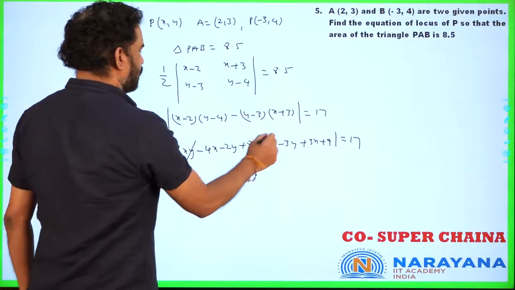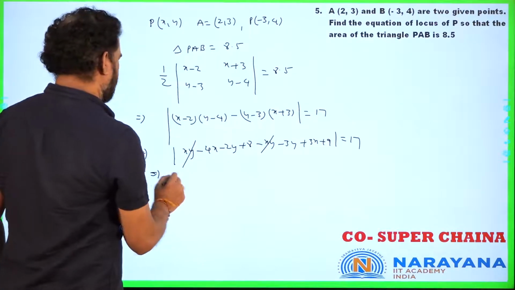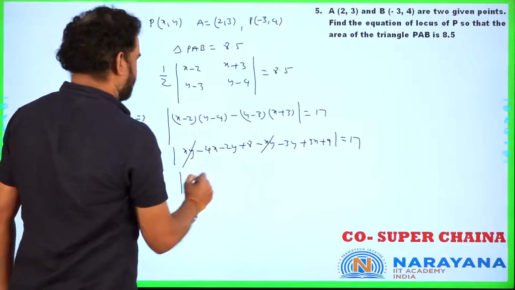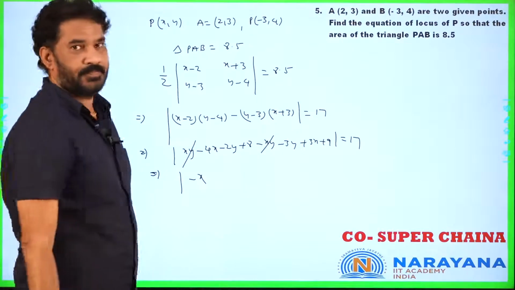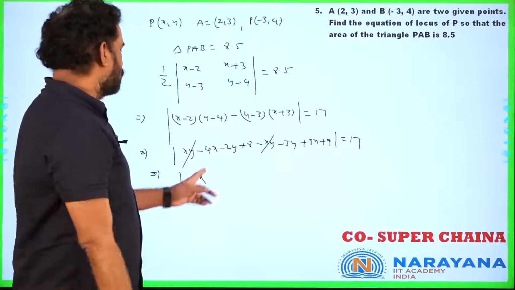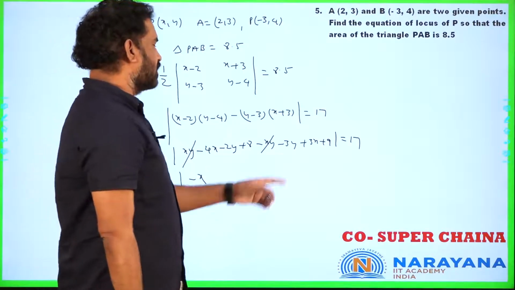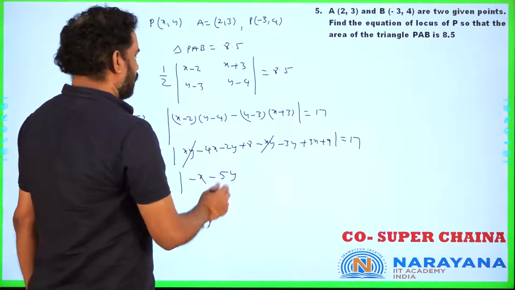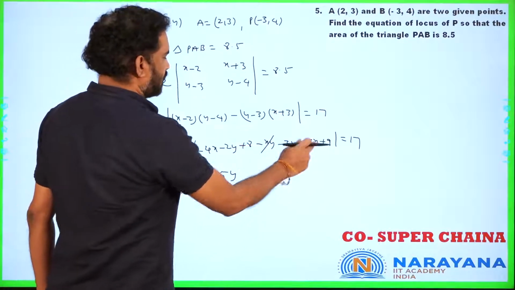So xy gets cancelled. Minus 4x plus 3x is minus x, minus 2y minus 3y is minus 5y, and the constant is 8 plus 9, 17.